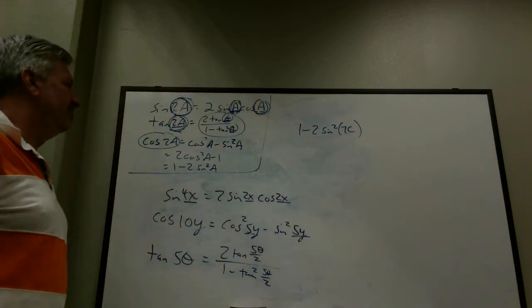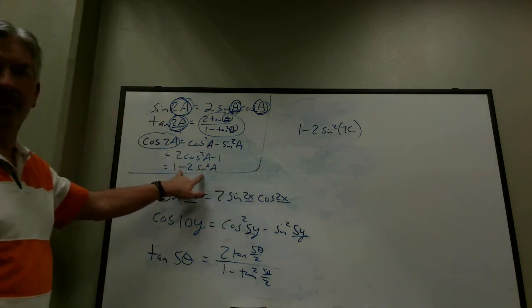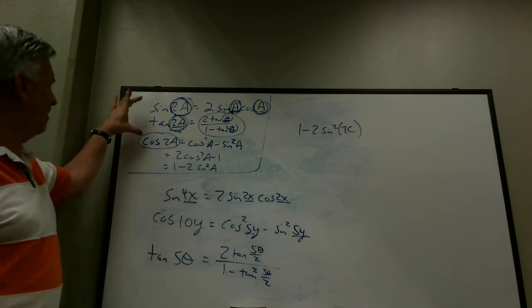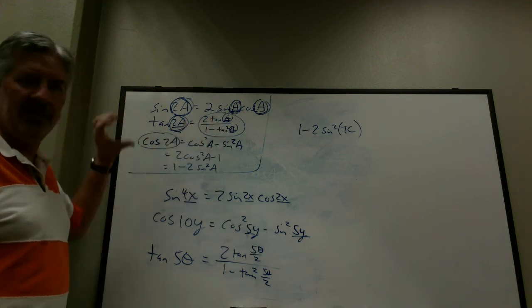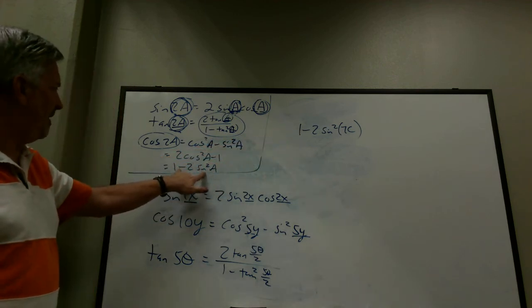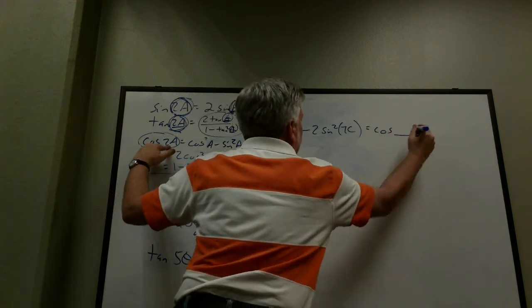Okay? Now, what does this look like? This looks like this. Right? So the implication is we want to rewrite it this way. I'm practicing going from here to here and from here to here. Okay? So this one looks like this. So if I want to rewrite it in this form, it's cosine of something.